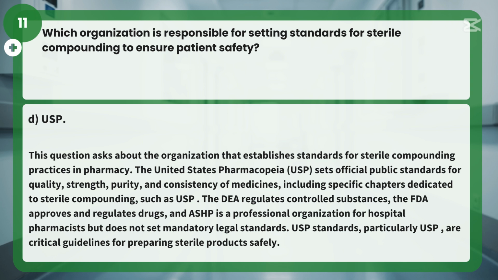The DEA regulates controlled substances, the FDA approves and regulates drugs, and ASHP is a professional organization for hospital pharmacists but does not set mandatory legal standards. USP standards, particularly USP <797>, are critical guidelines for preparing sterile products safely.